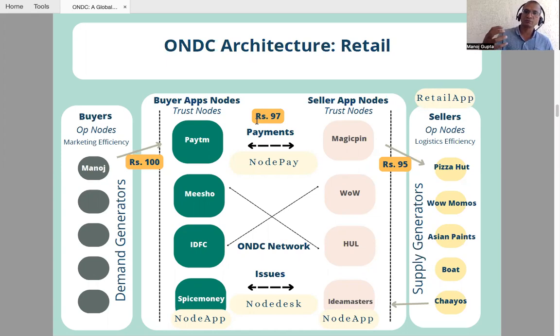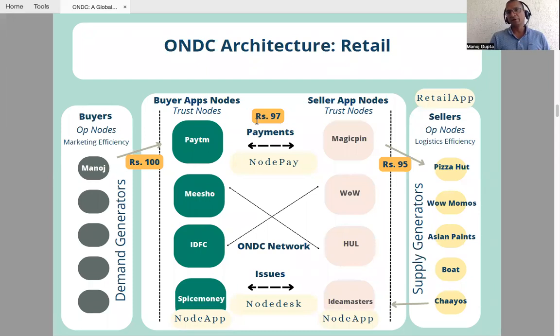So Pizza Hut uses Magic Pin to enter and display the catalog and pricing, which is captured and shown on Paytm, Meesho, and all the others, right? So the order actually flows from me to Paytm, Paytm gives it to Magic Pin, then Magic Pin gives it to Pizza Hut. Pizza Hut may use Dunzo or Loadshare, hyperlocal, Porter, whatever they use, and they will deliver it to me, and I got my pizza, right?